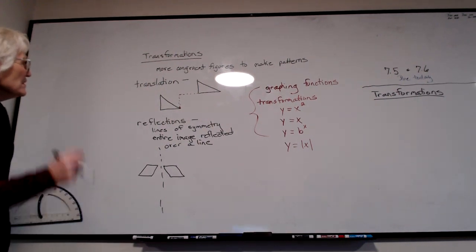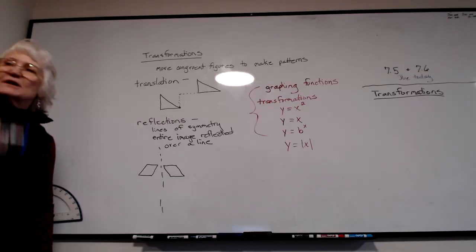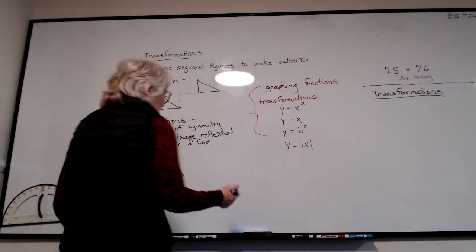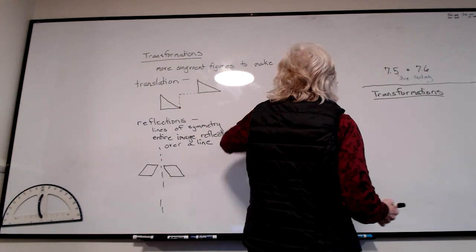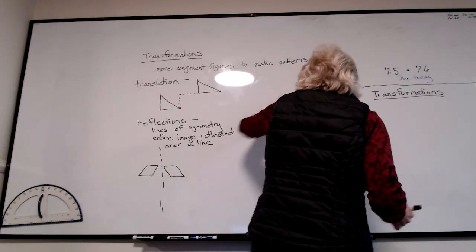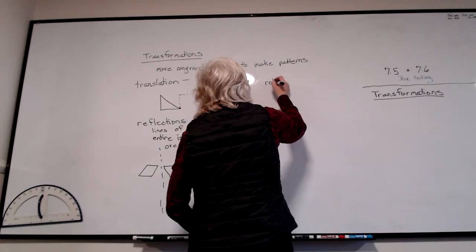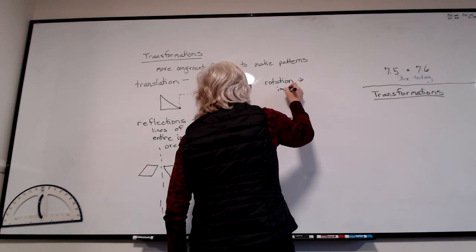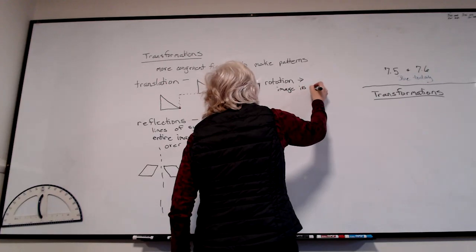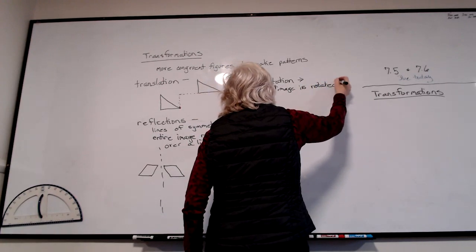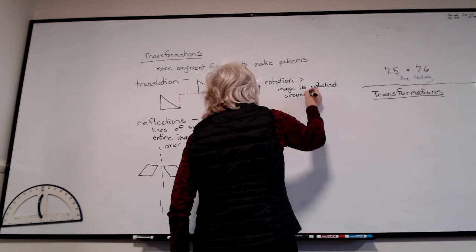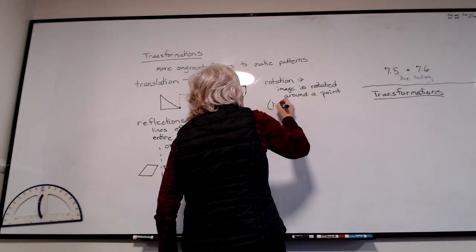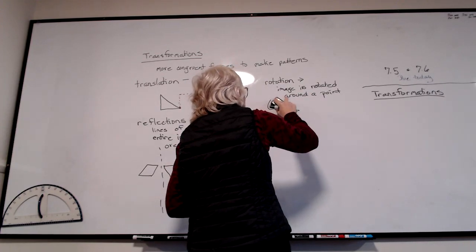A reflection over a point or in a direction around a point is actually called a rotation. Okay. So a rotation is basically when the image is rotated around a point, okay? It's also a lot of times called a point symmetry.